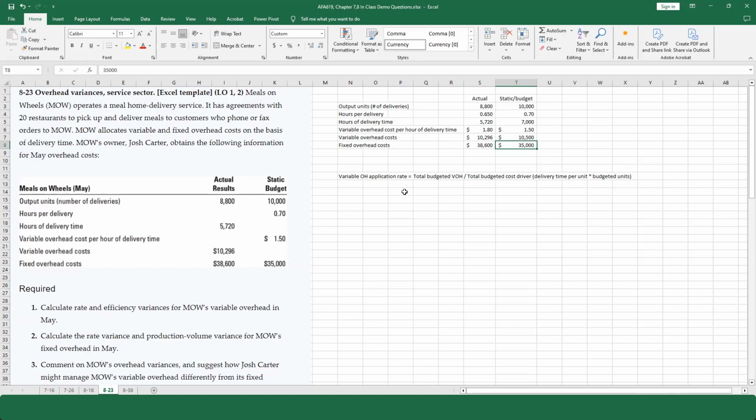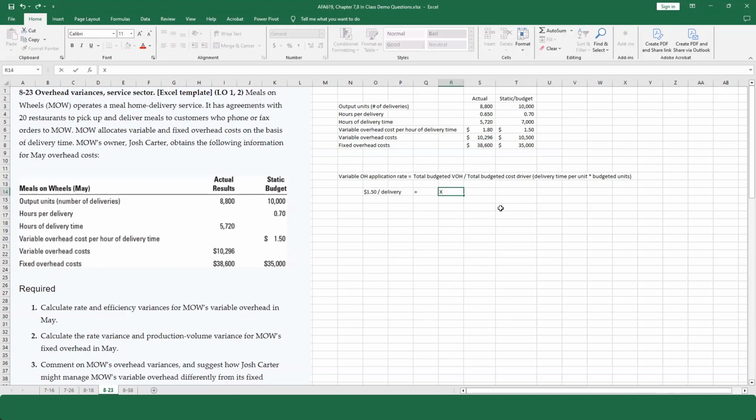So let's just look at this again. I am solving for the total budgeted variable overhead. I know the application rate is $1.50 per delivery. And that has got to equal the total budgeted variable overhead, which I don't have, so it's X dollars.